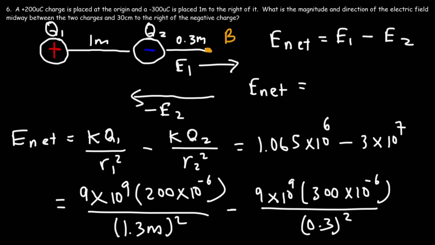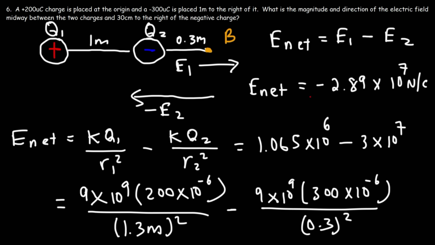So now, if we subtract those two numbers, we get this answer. Negative 2.89 times, so it's 28,935,000. So it's negative 2.89 times 10 to the 7 newtons per coulomb.